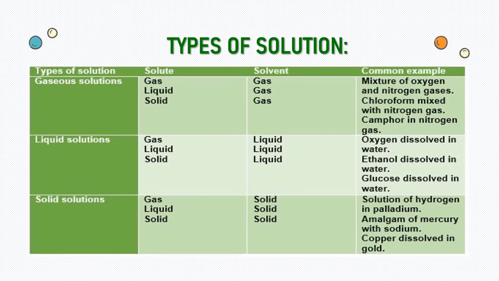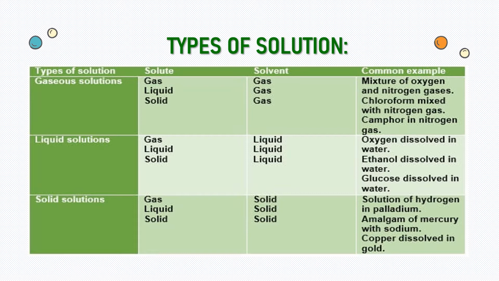Again, if the solute is in liquid state and the solvent is gas, then an example is chloroform mixed with nitrogen gas. Similarly, if the solute phase is solid and the solvent phase is gas, then an example is camphor and nitrogen gas. Similarly, we have liquid solutions.